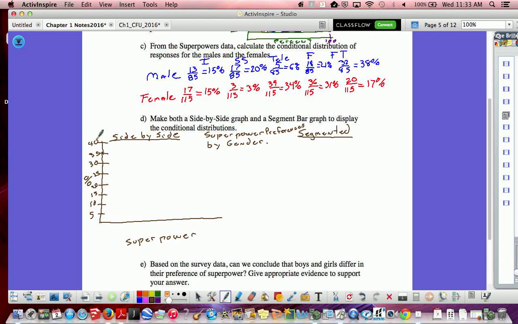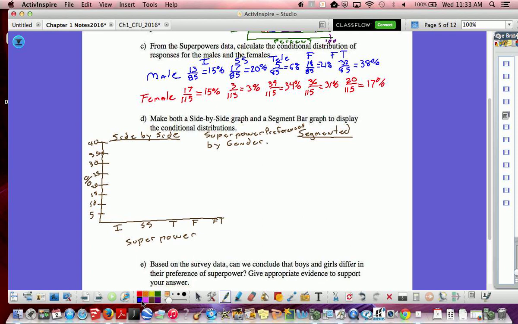So now, superpowers, I had invisibility, super strength, telepathy, flying, and freeze time. What I'm going to do is color code my bars, blue for male and red for female.